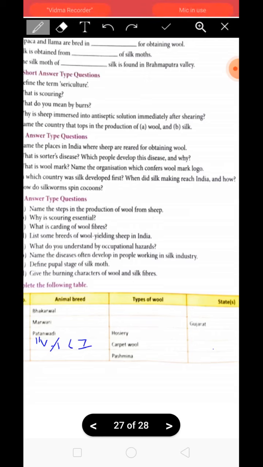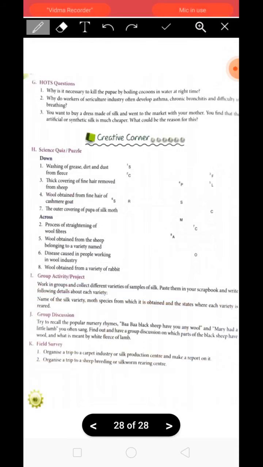Now in this last one, in this portion you will write Pashmina means Kashmiri goat. Over here it will be Jammu and Kashmir. Understand?